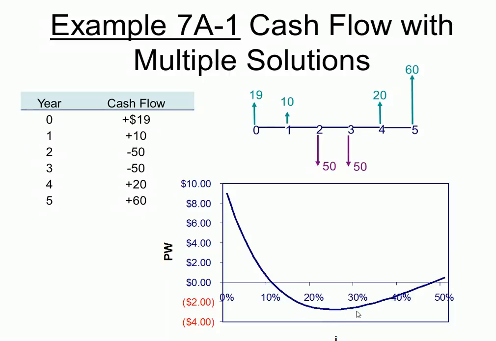You can see that this is the present worth function as a function of different interest rates. What's interesting about this function is that it crosses the net present worth level of 0 twice, slightly after 10% and then a little bit before 50%.